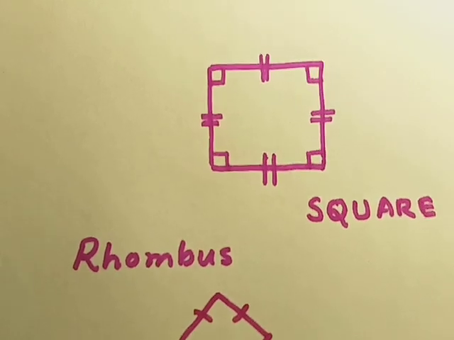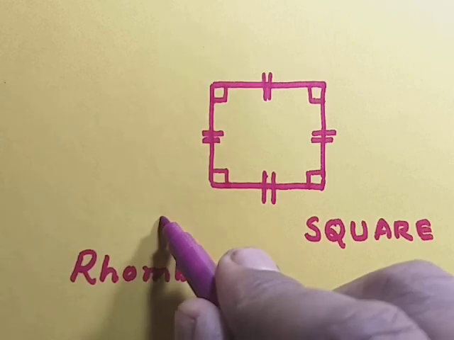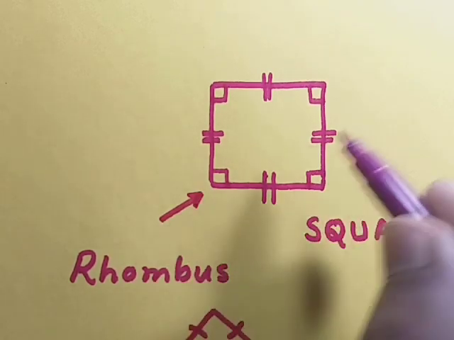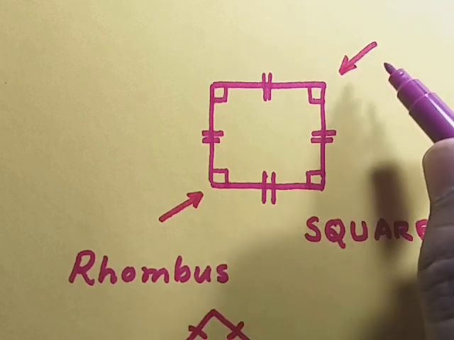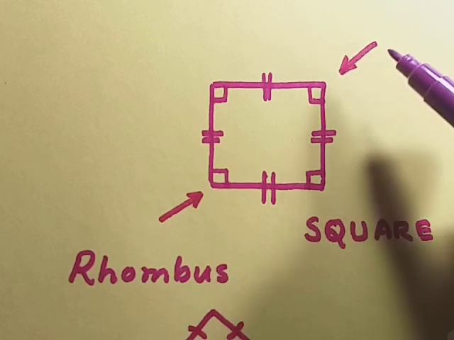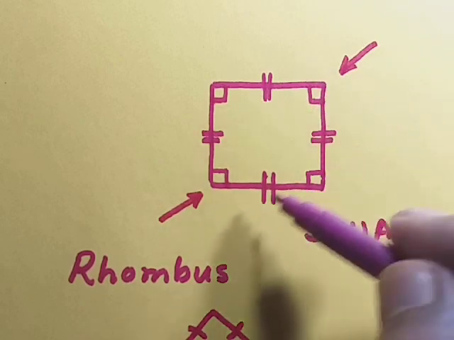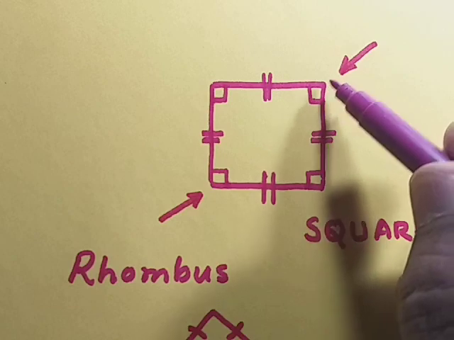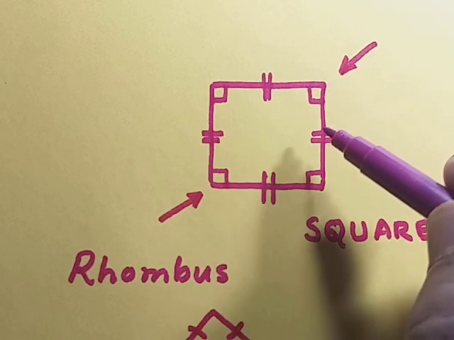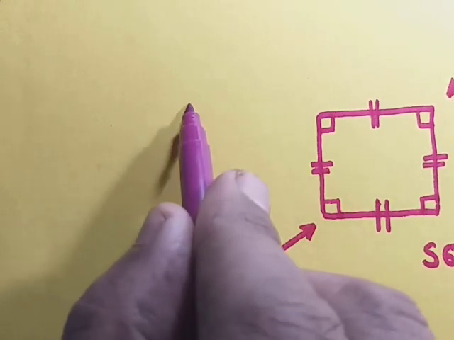For that matter, if a square is pressed along its diagonal at two opposite corners, it forms a different shape, something like this.